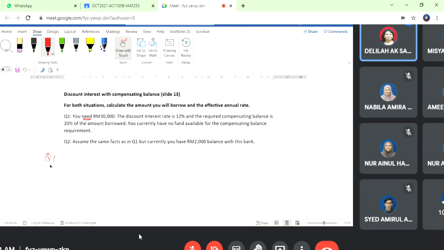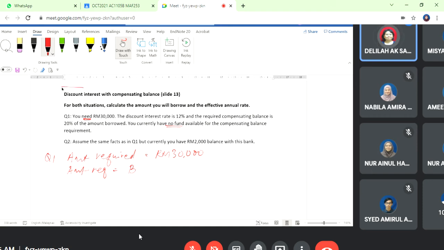When you need to borrow a certain amount of money, okay, amount required is RM 30,000. So in here, you have no funds. So the formula is still B is the amount that you have to borrow.